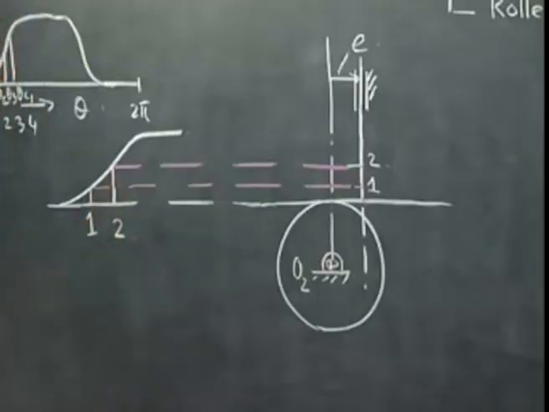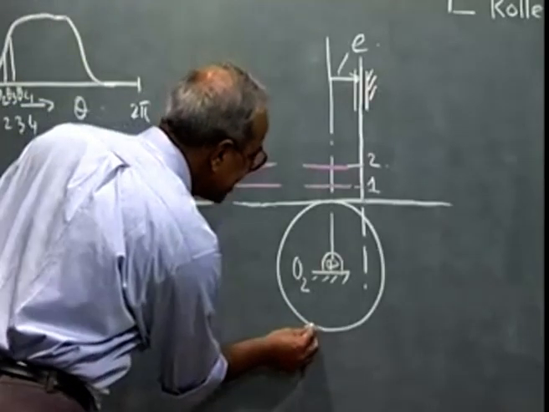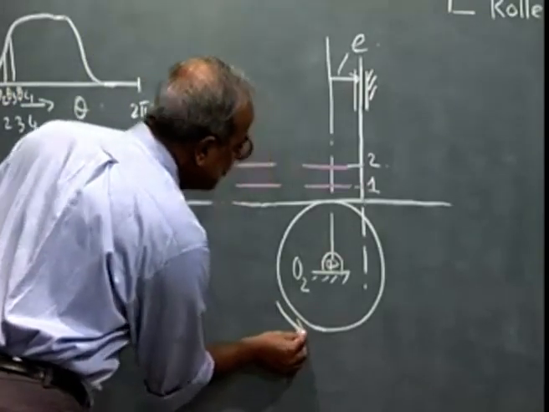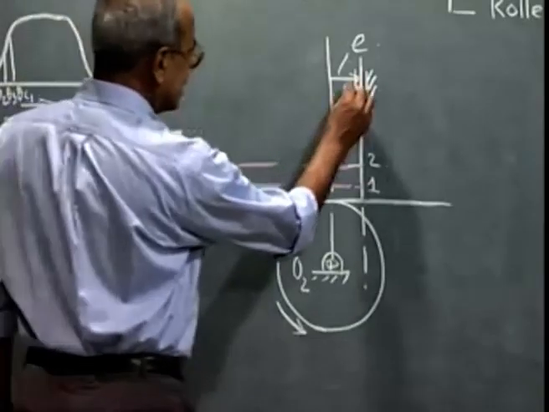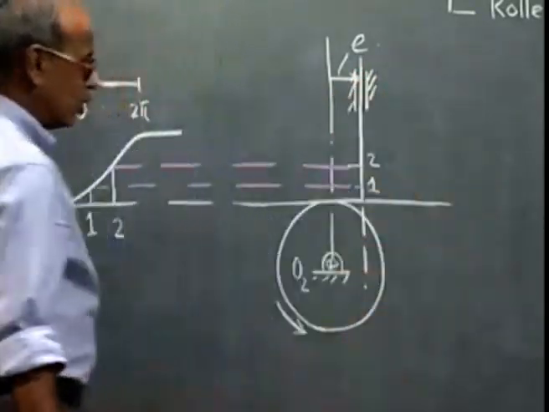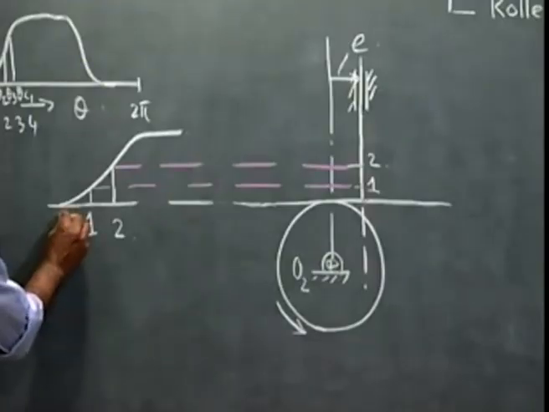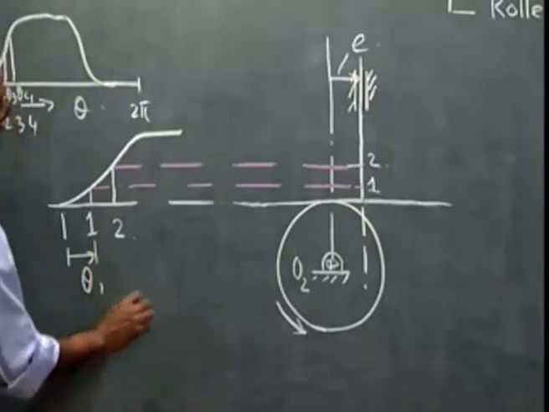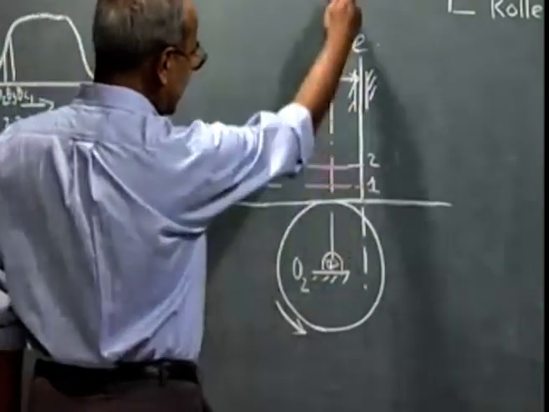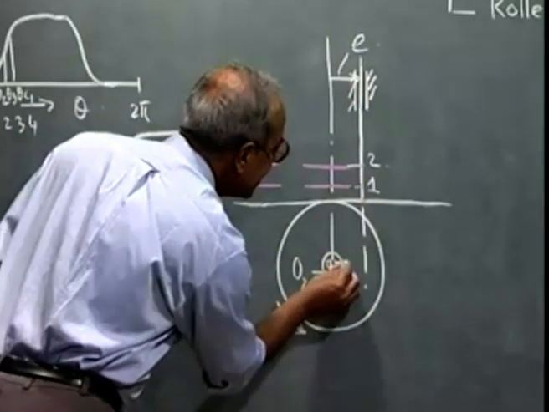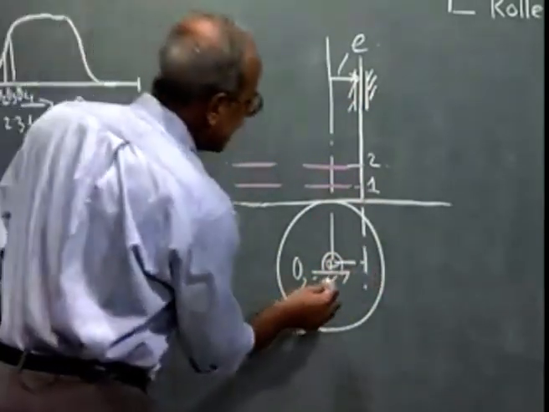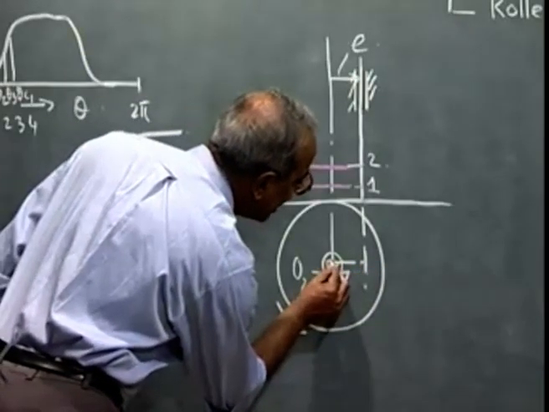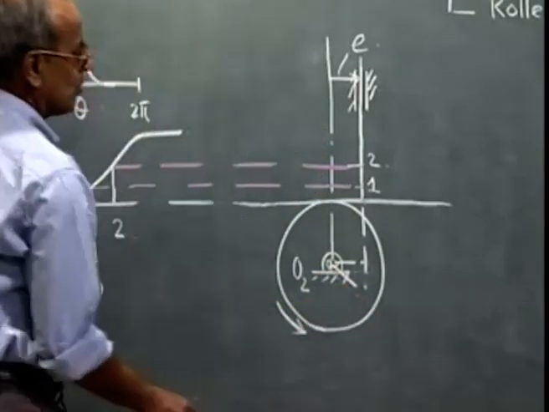To obtain the cam profile, as we have done in the analytical method, we hold the cam fixed and make a kinematic inversion such that the fixed link rotates in the opposite direction. Suppose the cam rotation for station point 1 is theta 1 in the counterclockwise direction. The kinematic inversion is that the follower axis must rotate by the same theta 1, but in the clockwise direction.